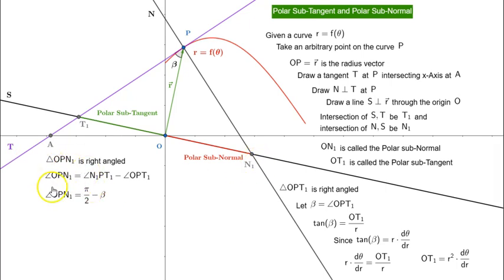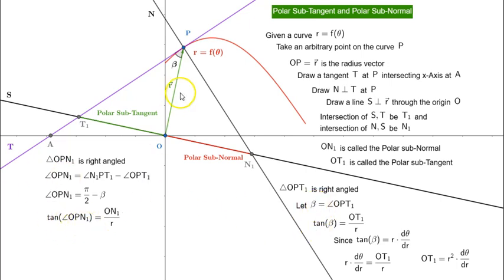Now remember, N1PT1, the complete angle, is 90 degrees because line N is perpendicular to this tangent T. So angle OPN1 is equal to pi by 2 minus beta, because OPT1 is beta.